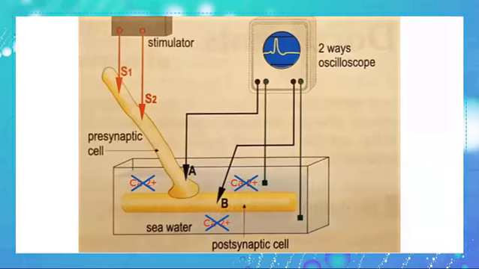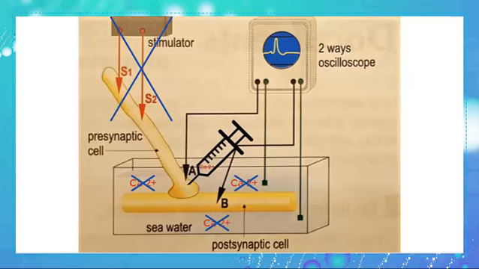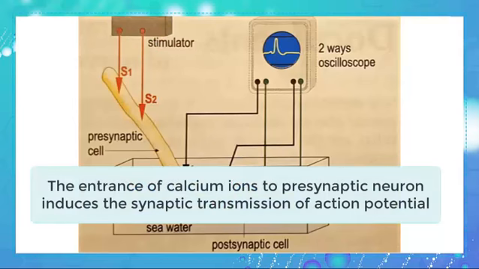The role of calcium ions is confirmed in the next experiment, because surprisingly, and in the absence of any stimulation of neuron A, and only upon the injection of calcium ions into the axon terminal of the presynaptic neuron A, an action potential is recorded in the postsynaptic neuron B, which indicates that the entrance of calcium ions into the presynaptic axon terminal induces the synaptic transmission of action potential.